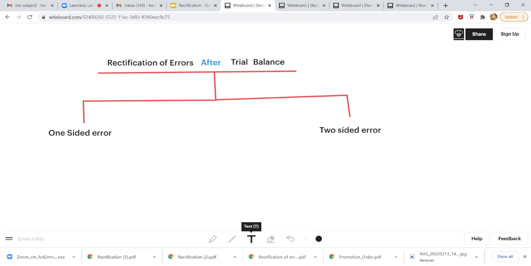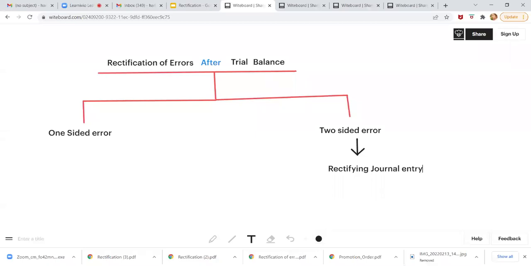So this will be rectified by passing the rectifying journal entry, right? Two-sided errors are rectified by passing a journal entry, which is the rectifying journal entry.